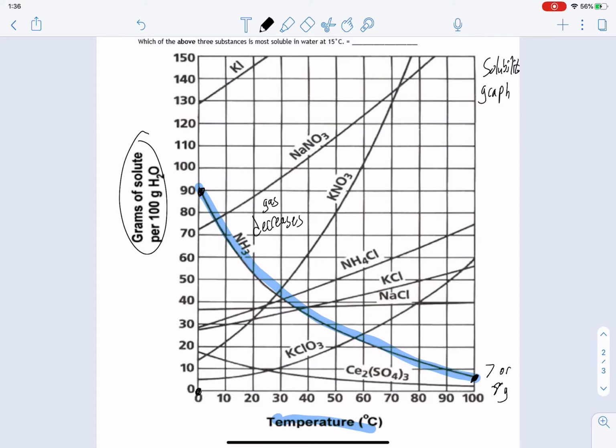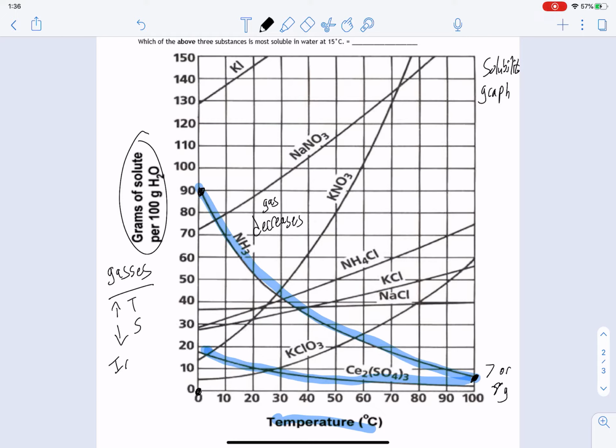Okay, so gases, we have one other one too that kind of goes down. If we look at cesium sulfate, it kind of levels off, doesn't go down as much as NH3 does, but that is also a gas. So gases, as you increase the temperature, the solubility goes down.